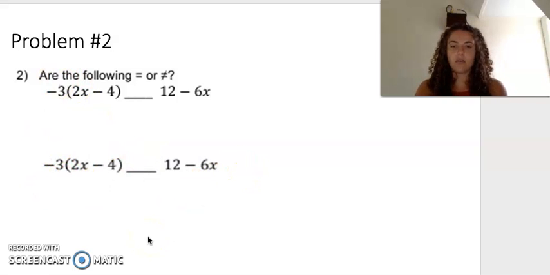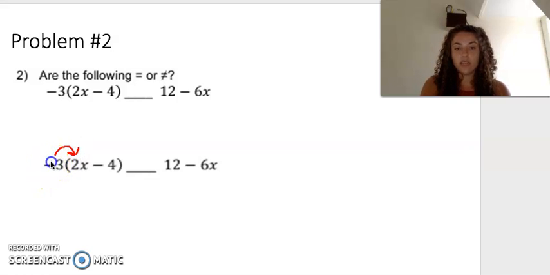The first step I would say is to distribute this 3 into the parentheses. So we're going to multiply this 3 times 2x. Remember this negative sign right here. So that's going to be negative 3 times 2x, which is going to lead us to negative 6x.